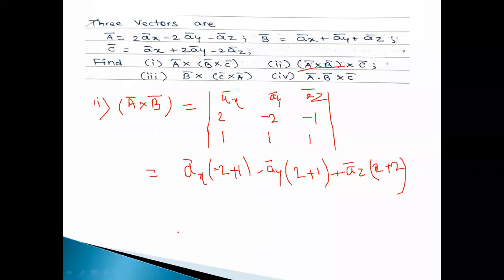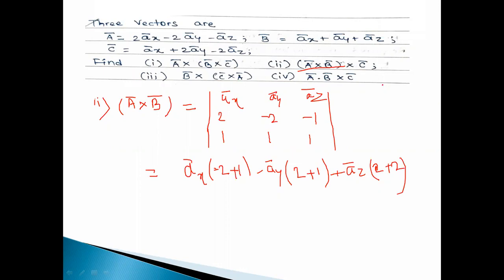So simply solve this, and in this way you can take again the cross product with vector c bar. First take the coefficients of this a bar cross b bar, and then take the cross product with c bar.